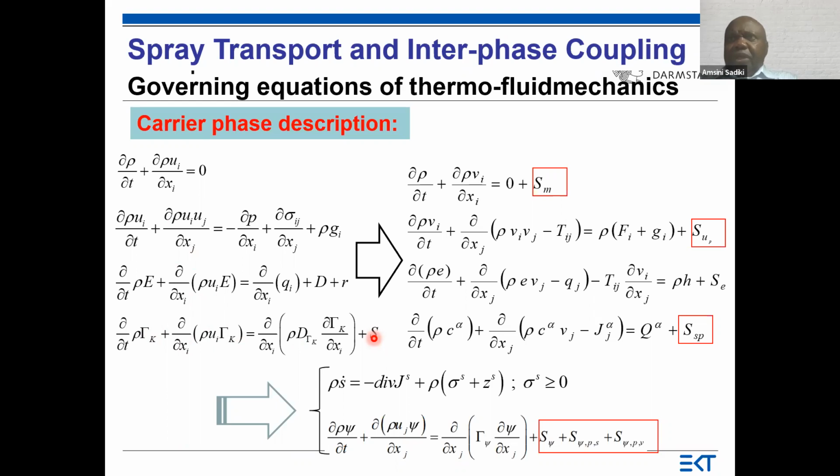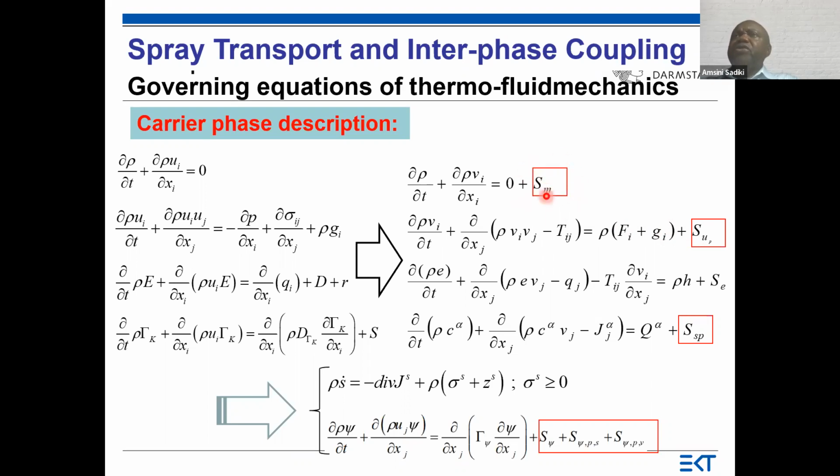So we can naturally now apply these equations to the two-phase flow. If we apply this for two-phase flow, we come out with these equations where we have some additional source terms which are responsible for the interaction between the two phases. This means the effect of the dispersed phase on the carrier phase.